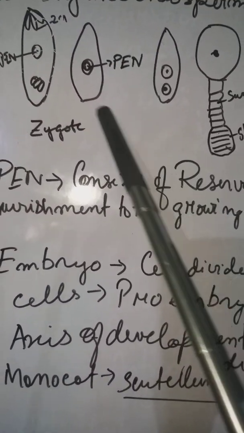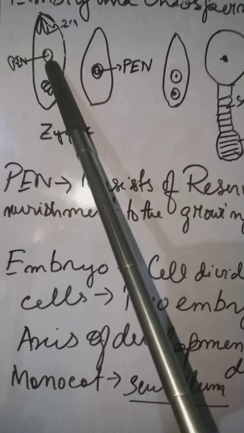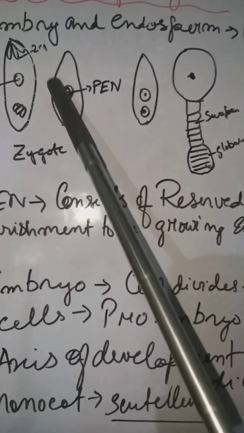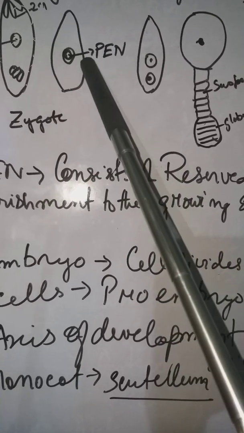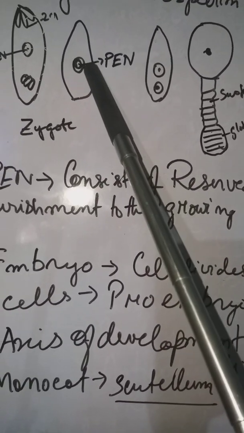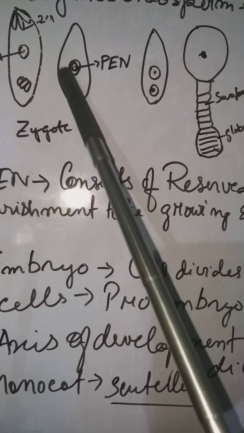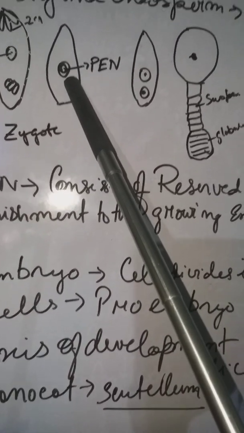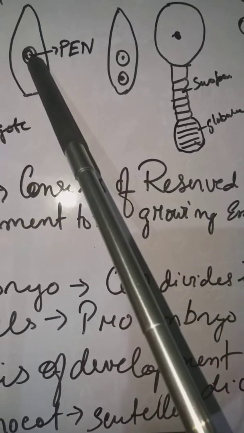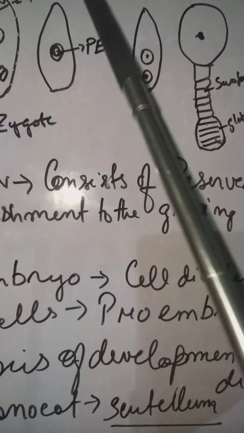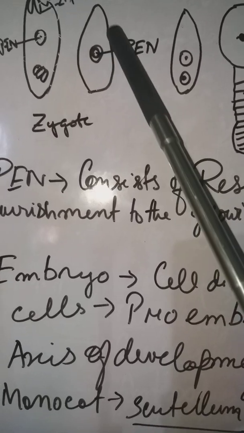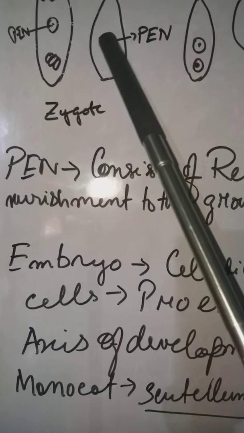Later on, this primary endospermic nucleus completely covers up the embryo, and here we have a single mass of cells. If you observe clearly, this is actually the zygote, and the entire thing is covered by PEN.